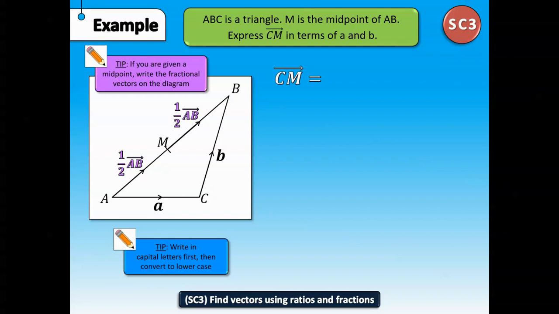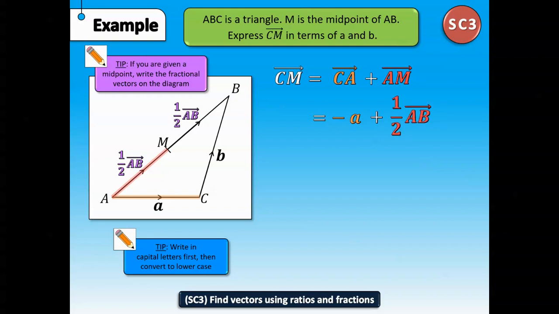So we want to get from C to M. So we go from C to A, and then from A to M. Now, C to A is minus A, because we're going in the opposite direction to the arrow.